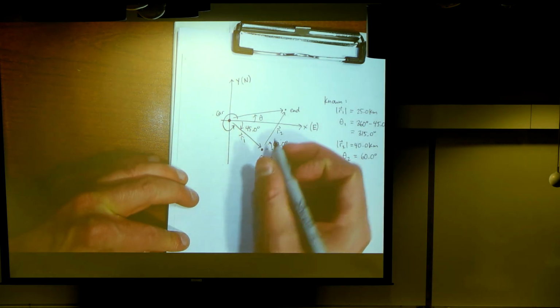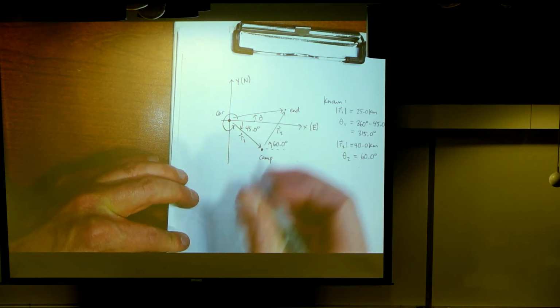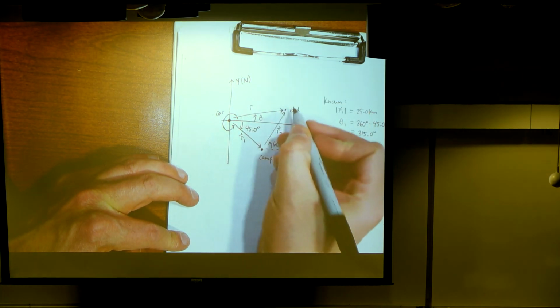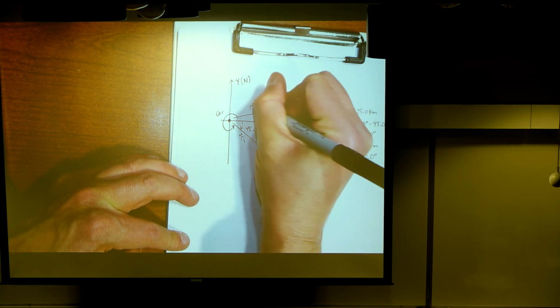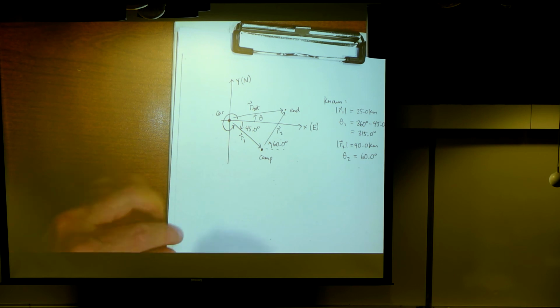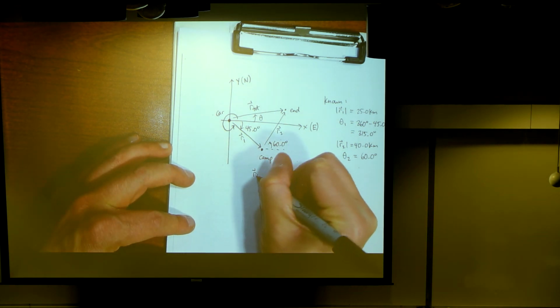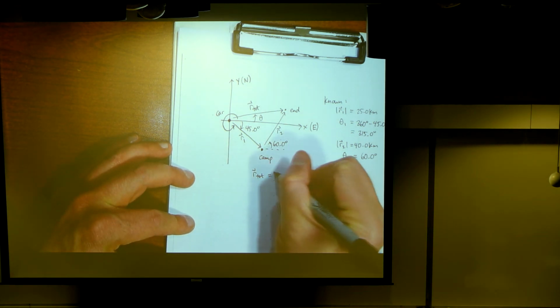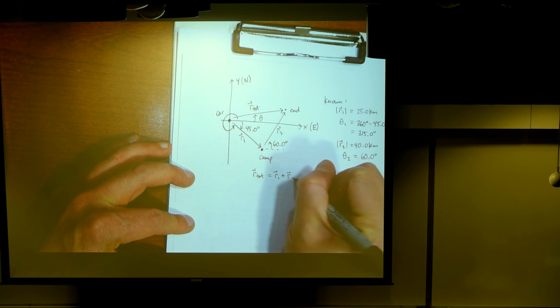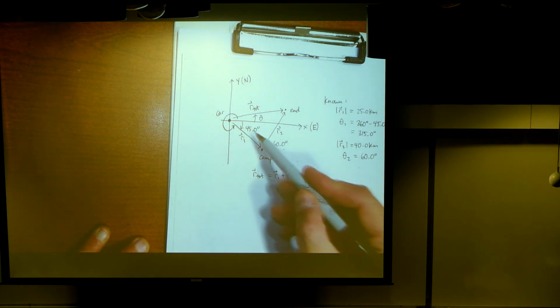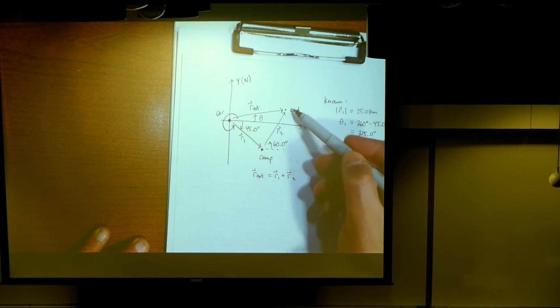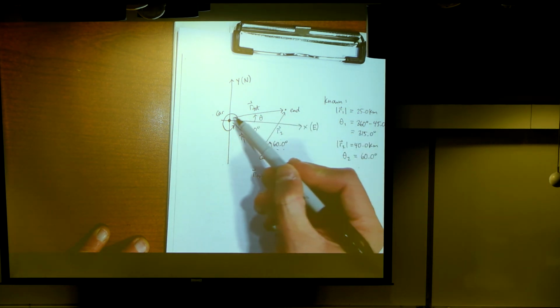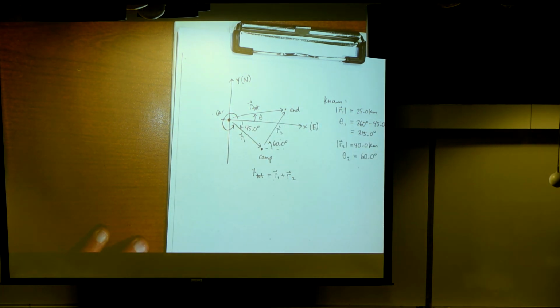Okay. So this vector that takes me from the car to the endpoint, I'm going to call that R total. And as we can see from the diagram, R total is equal to R1 plus R2, right? Because I'm taking R1 and R2 tip to tail, and that's giving me R total. Does that make sense?